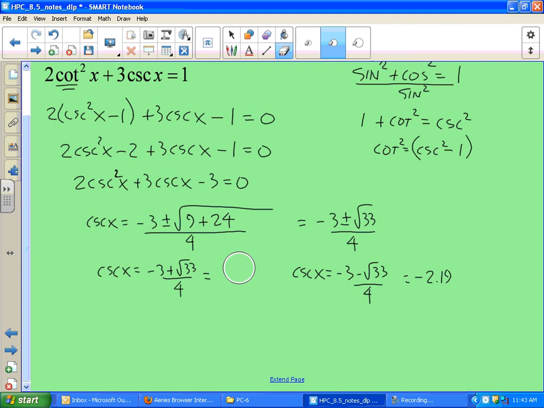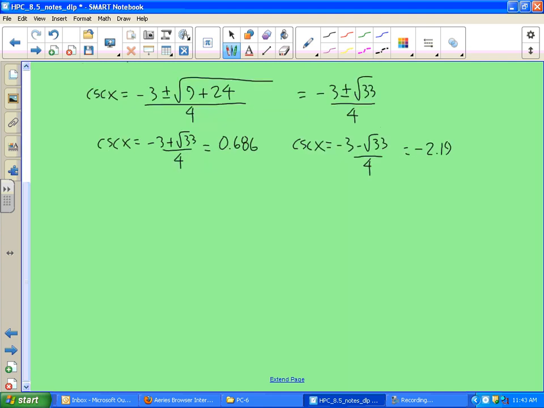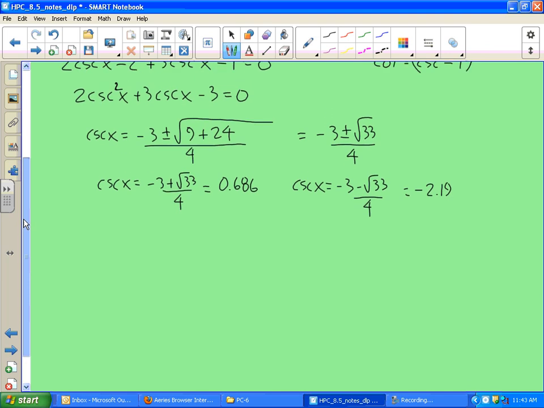Supposed to be 0.686 on this first one. Miscalculated there. Okay, so we have our answers for cosecant of x. And then we're going to go find out what our angles would be. So we have two values where my cosecant is positive, two values where my cosecant is going to be negative.